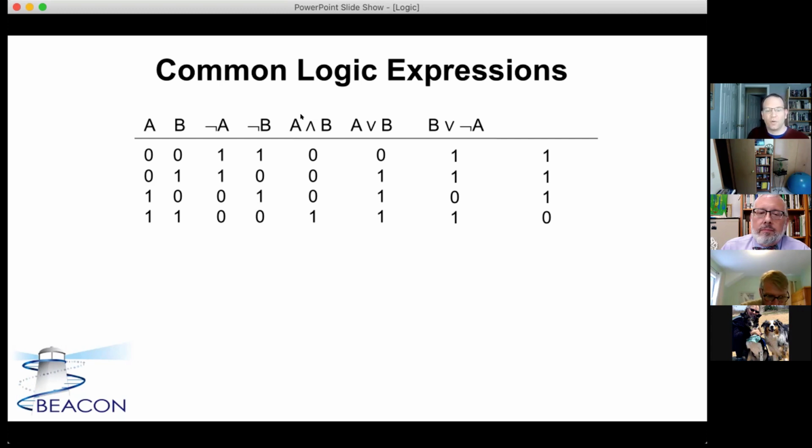You can see in our or statements, we've had 3 things being true. In our and statement, we only had 1 being true. So this one is going to be true except for this bottom case, which to me looks a lot like it's either not A or not B. In this case, I've got a true, a true, a true, and then a false.